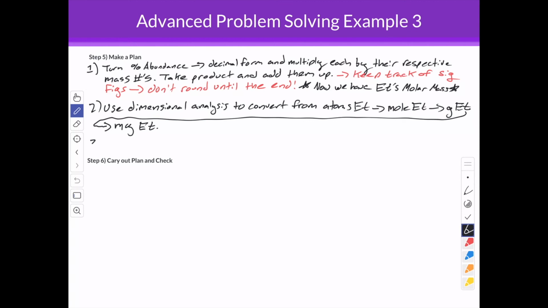Step 3, I'm going to say sig figs. The reason sig figs are so important is because you never know how close we're going to be. We could be off by one sig fig, and sig figs are going to matter here, right? It could be the difference as to whether we have enough or not. I don't know. I just made up this problem. I just picked some random number of atoms, and I have no idea how close we're going to be.